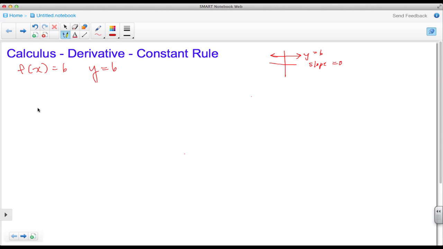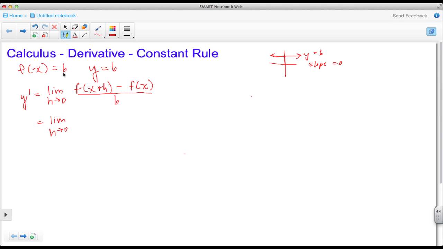But let's go ahead and put this into our difference quotient just to see if we can come to the same conclusion. So y prime is equal to the limit as h approaches 0 of the function where the independent variable is now x plus h, minus the original function, where all of that is divided by h. Again, we write this limit as h approaches 0.